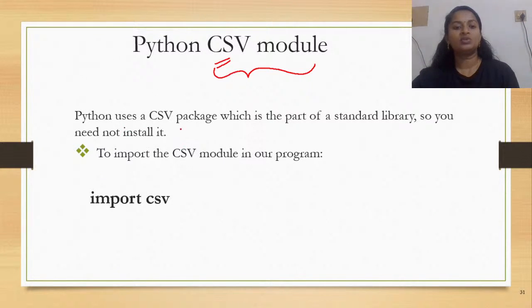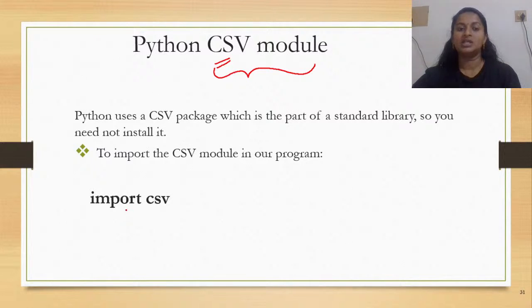And so Python uses the CSV package, which is a part of the standard library. So you need not install it. Okay, it is there with the language itself. All you need to do is import the CSV module prior to usage in your program. So if you're trying to work with CSV files, what is the first thing that you need to do? You need to import the CSV module.